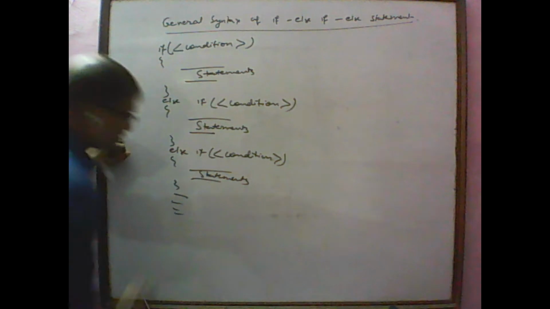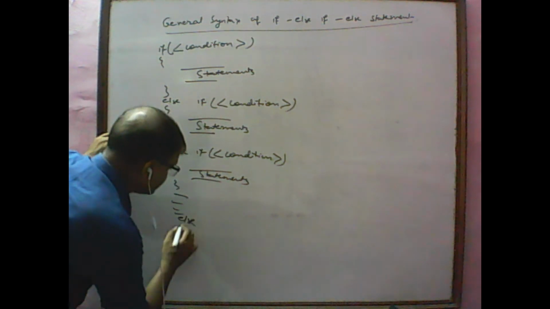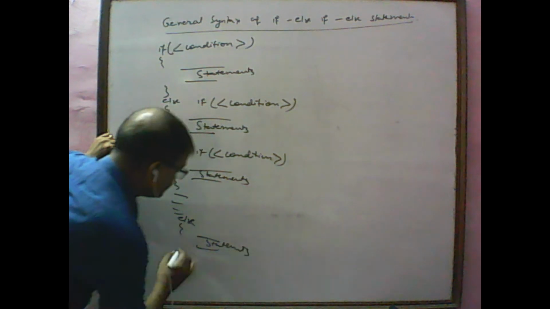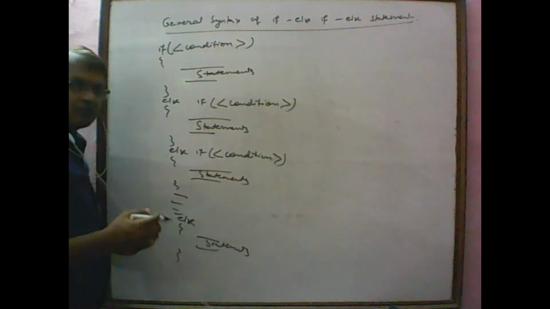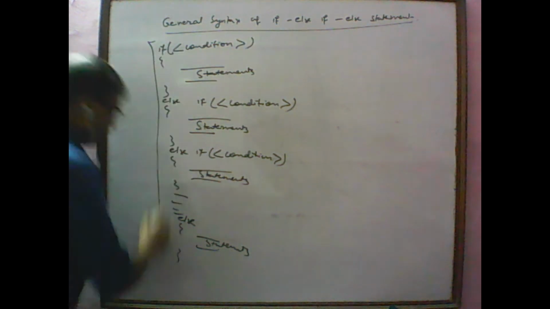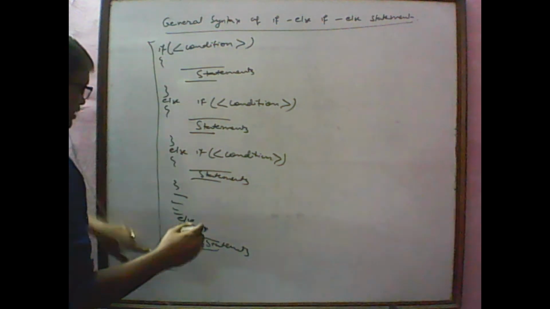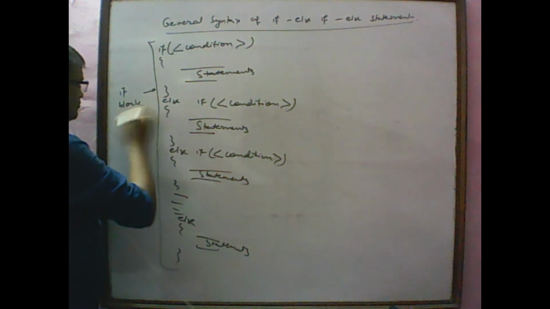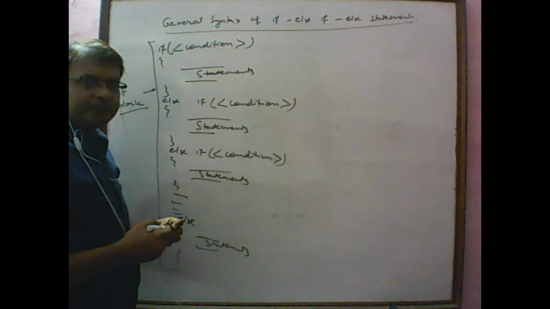Finally, at last, we have to give else, with its statements, and closing. Clear? This complete block, starting from if to else, is called the if block.